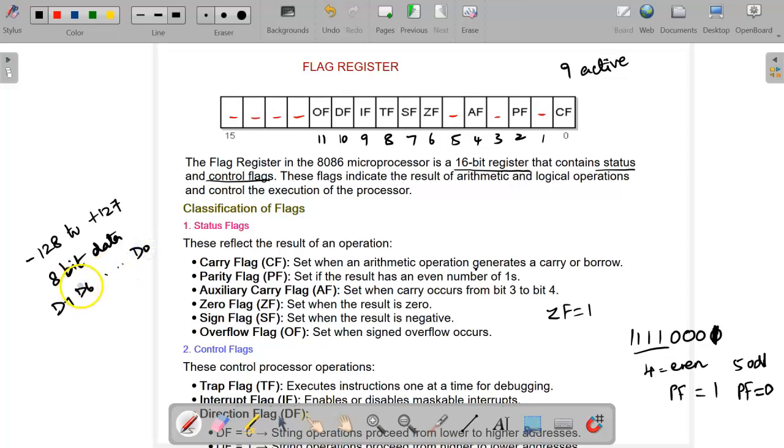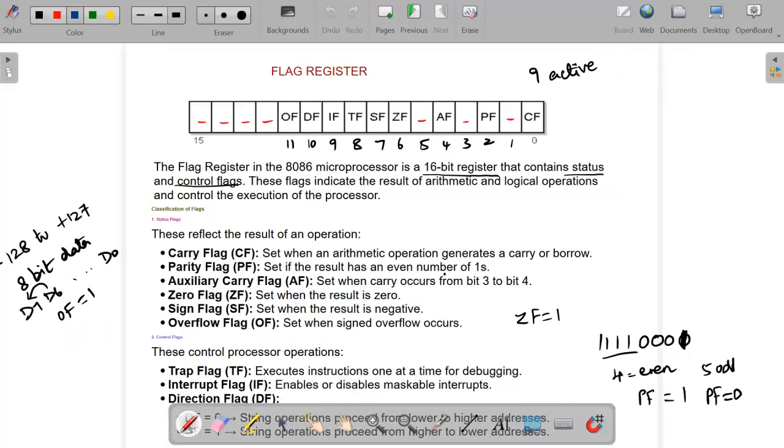Whenever there is a carry from the D6th bit to the D7th bit, and there is no carry from the D7th bit, that is, the carry from D7 should be 0, then only the overflow flag is equal to 1.